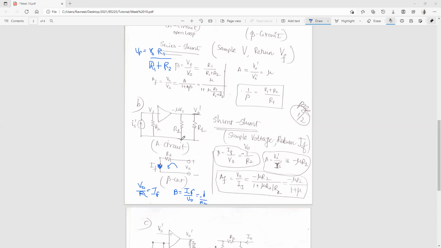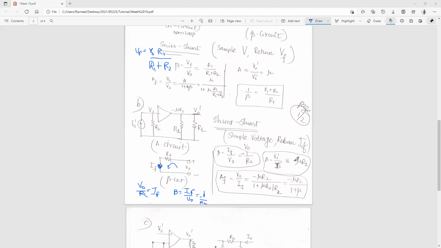So V out dash is basically equivalent to negative mu times IS dash. So this negative mu is the gain or the factor that is the current across this R2.